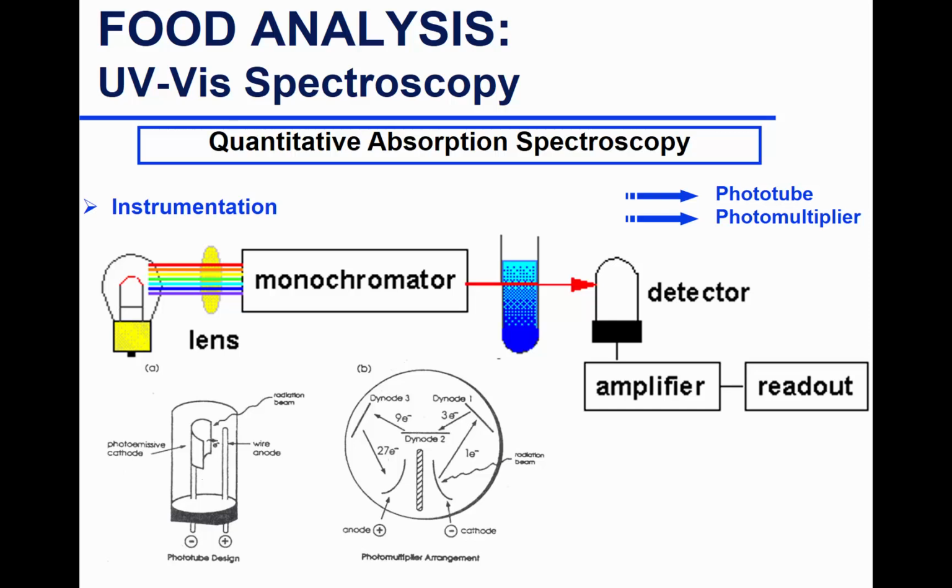So what happens in this case, your light hits the cathode, it emits an electron, it hits a dynode which multiplies the number of electrons that comes off of it. Another dynode, more electrons, you have a more powerful signal. Process of amplification.